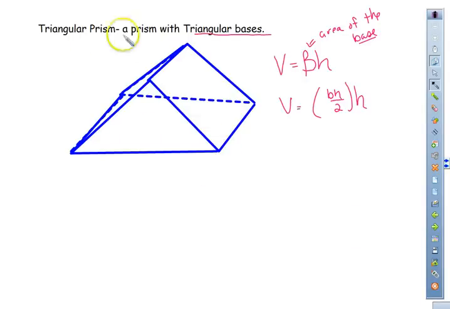Now on this slide, it is the triangular prism, and as we spoke earlier, we're going to find the area of the base, which is these 2 pieces right here. Those figures are triangles.